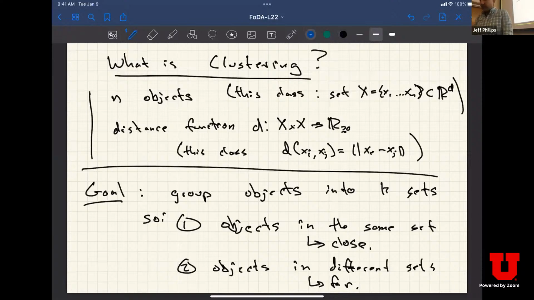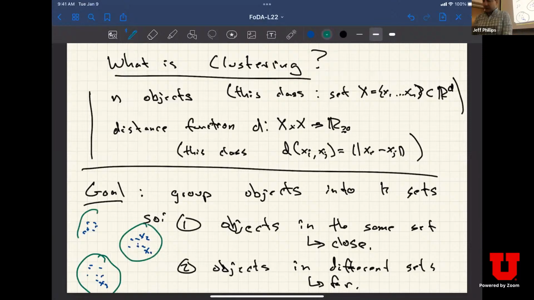A very simple two-dimensional example of this: if I have points, I can draw them in 2 dimensions. These blue things are x1, x2, x3, and so on. And I'm going to find 3 sets: set 1, set 2, set 3.